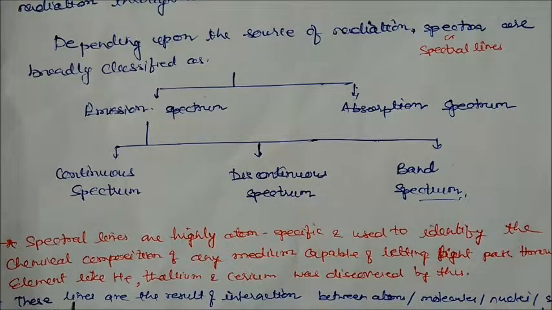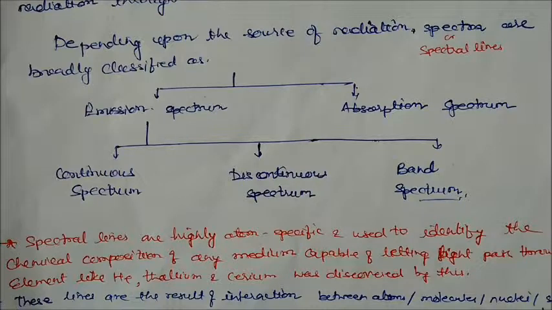For example, elements like helium, thallium, cerium were discovered by spectral lines. The characteristic wavelengths of helium, thallium and cerium are quite distinct. So if the wavelength matches the characteristic wavelength of an atom, we can say that particular element is present in that substance. Like the sun is made up of helium.